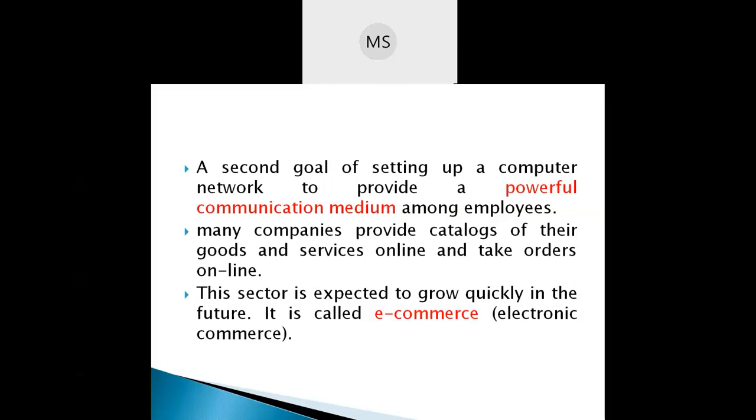The development in this sector is very high. In the near future, we can't predict, even small industries may also depend on the internet to promote their business, and this is what we call electronic commerce. So business on the network, business through the internet, is what we call electronic commerce.